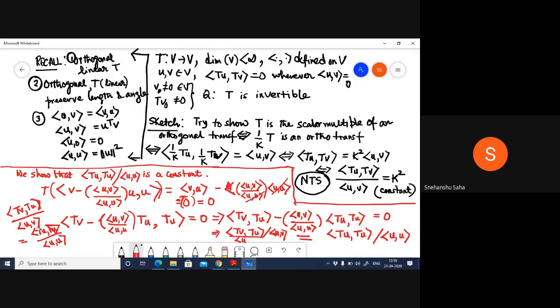Look at the left hand side, look at the right hand side. You see some structure on the left, you see some structure on the right. Now we can easily exchange V and U. If you exchange V and U, you can rewrite this as the inner product of TU, TV over VU, but that will have no effect on the right hand side, correct? Because your right hand side only consists of U.